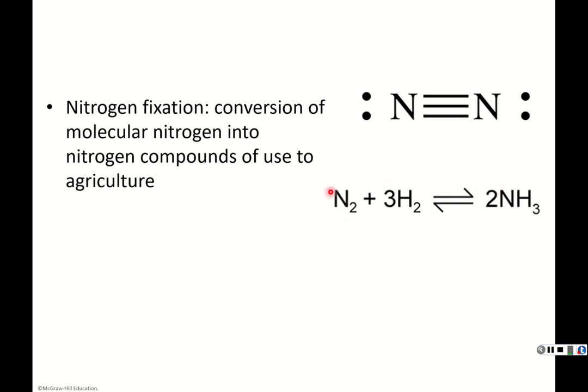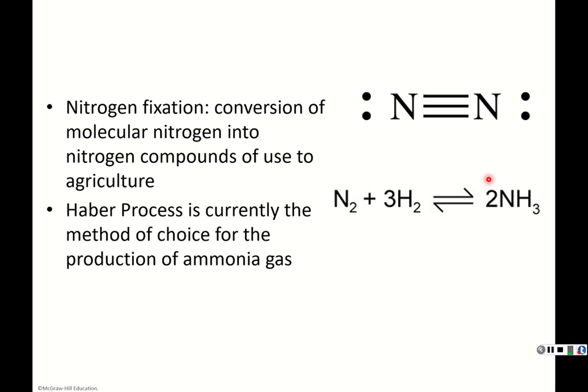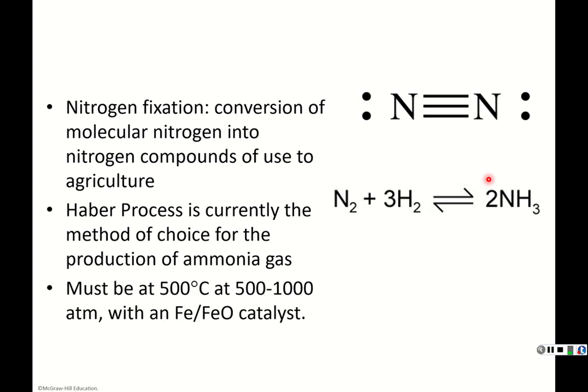So you use N2 gas with hydrogen gas and you produce NH3. Okay, this is known as the Haber process. And again, it's making ammonia gas. Okay, this reaction is not the easiest. It has to be 500 degrees Celsius at about 500 to 1,000 atmospheres of pressure, and then you also need an iron oxide catalyst to do this.